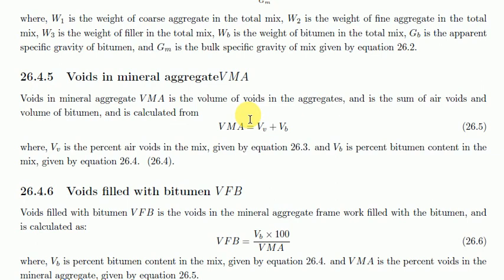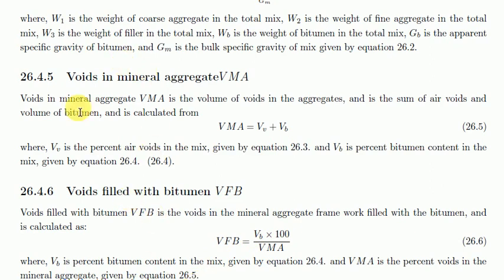Then there is the void filled with bitumen. It is basically the percent of the volume of VMA that is filled with bitumen. So this is equal to the volume of the effective asphalt, or the volume of bitumen, divided by the VMA value.